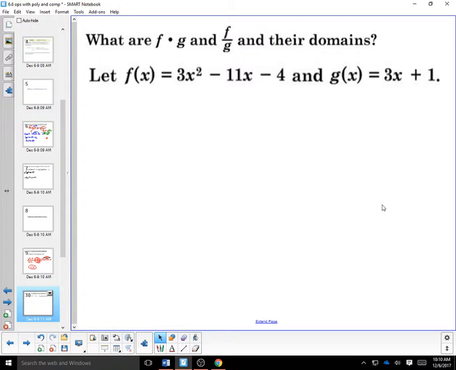Why don't you just factor it? What do you do? Multiply this?